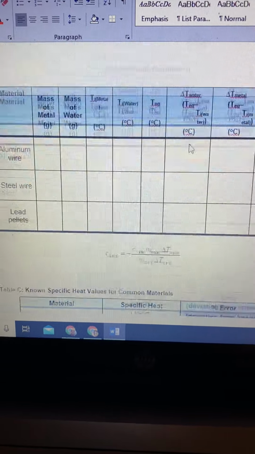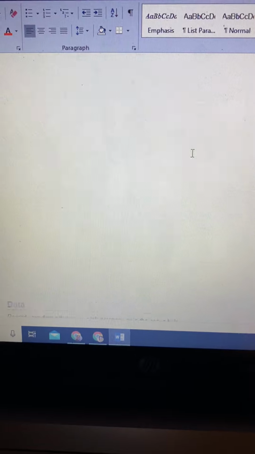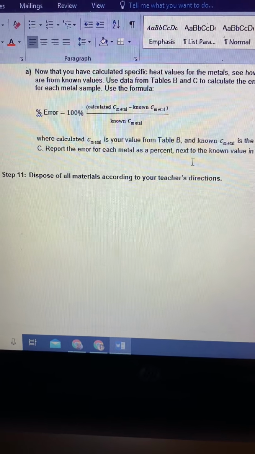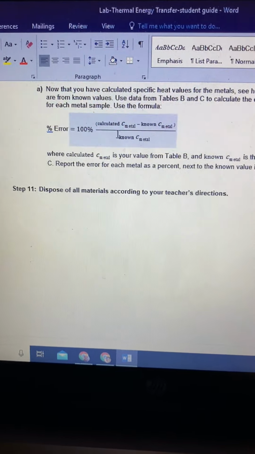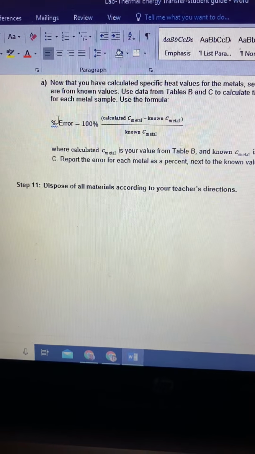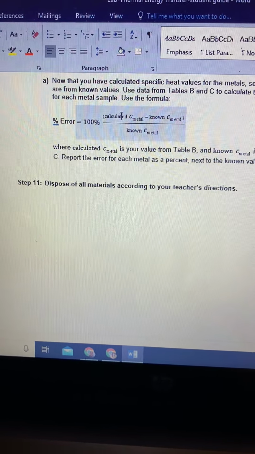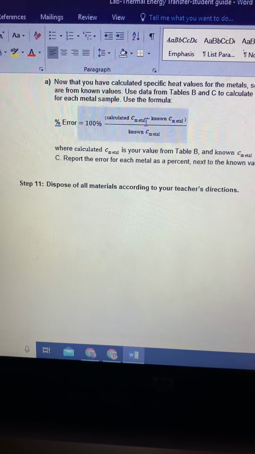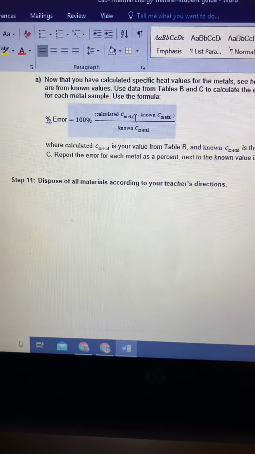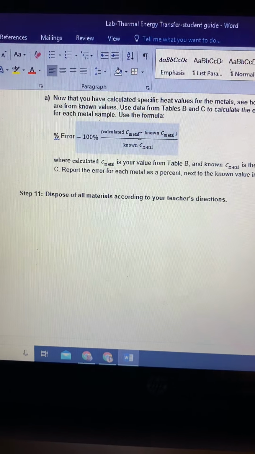The way that I do this, and if I go back up in the lab, there is a formula. To get the percent error, I'm going to take 100% times the calculated specific heat of the metal. In my case, for aluminum, that would be 0.87, right?